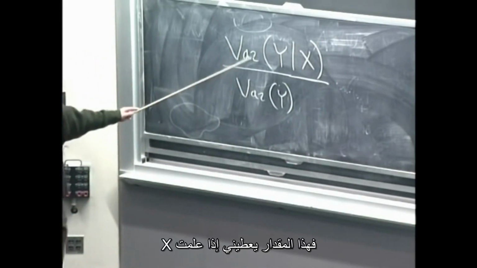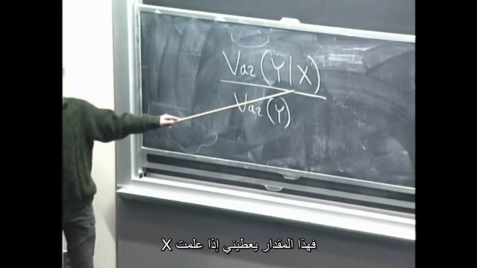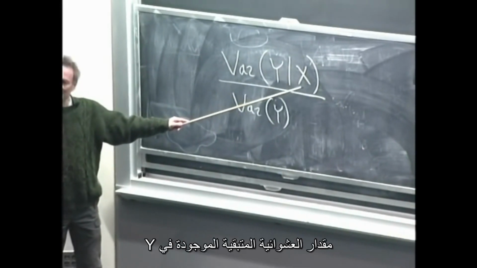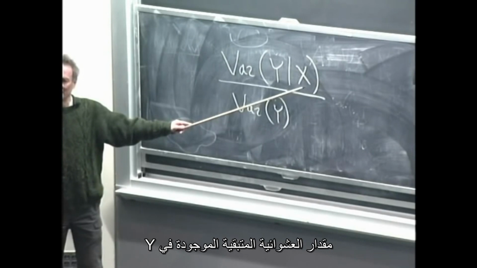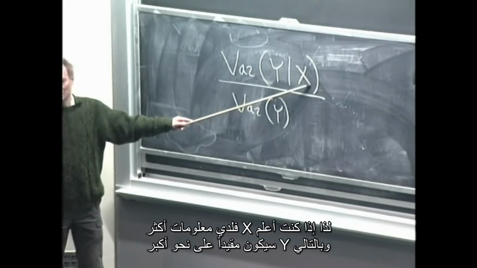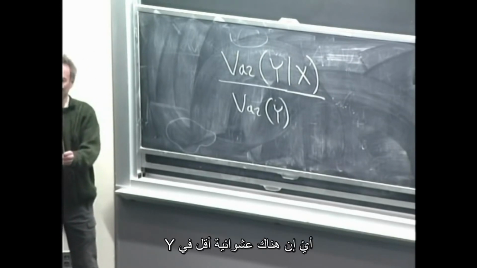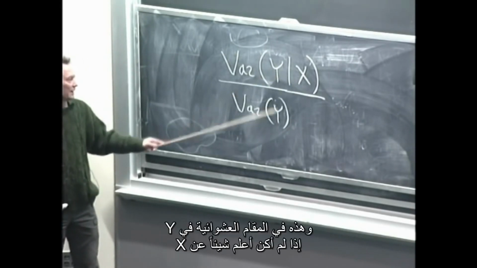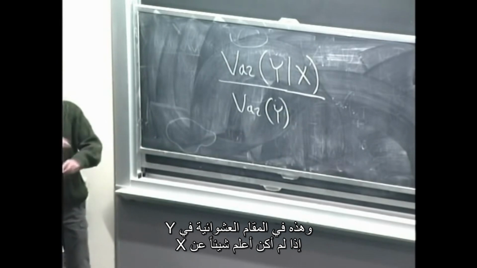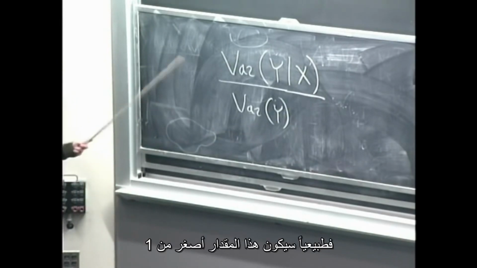So this quantity tells me, if I knew x, how much randomness would there still be in my y? If I know x, I have more information, so y is more constrained. There's less randomness in y. This is the randomness in y if I don't know anything about x. So naturally, this quantity would be less than 1.